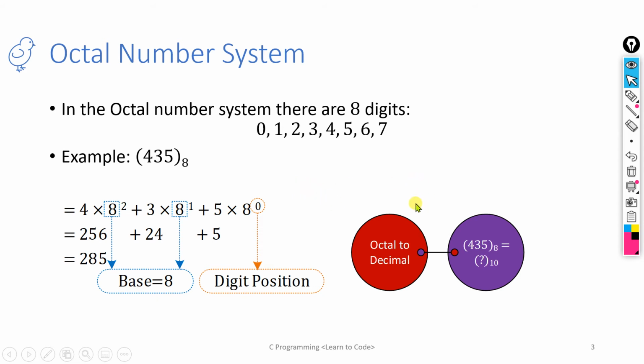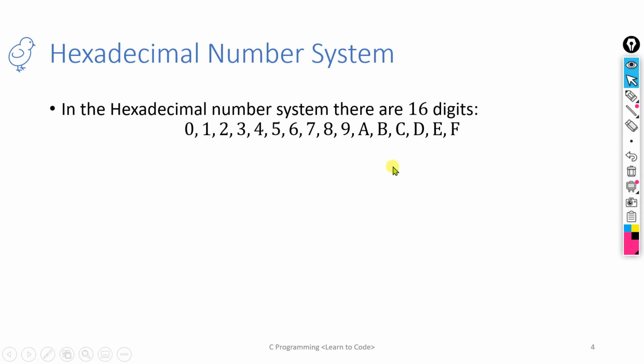Now let us go to the hexadecimal number system. Similarly, as in your octal number system, in decimal number system you use 10 digits. In octal number system you use 8 digits.